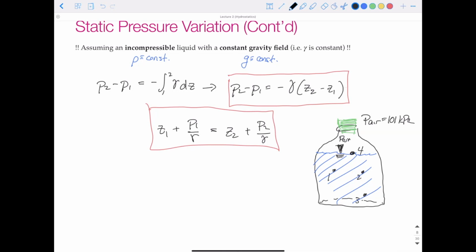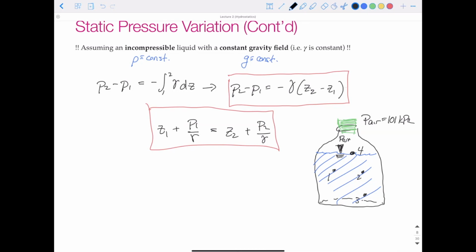So we can relate 1, 2, and 3 to that 4 using these two equations here. Well, they're the same equation, to determine the pressure anywhere in that fluid if we know the pressure and the elevation of some point, and then we know the change in elevation of another point with respect to that point. So if we know pressure at one point, we can find pressure anywhere else in a static, incompressible fluid using this equation if we just know the change in elevation z between those 2 points.